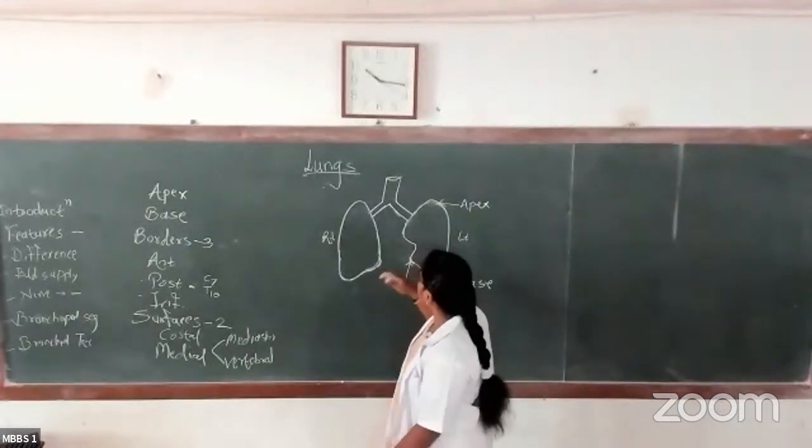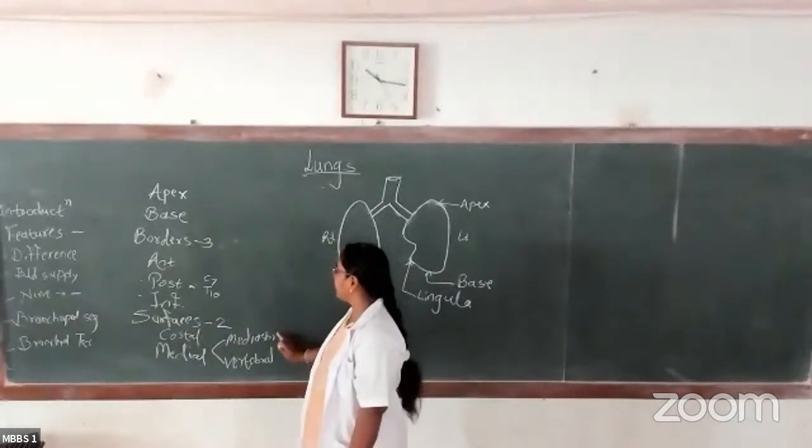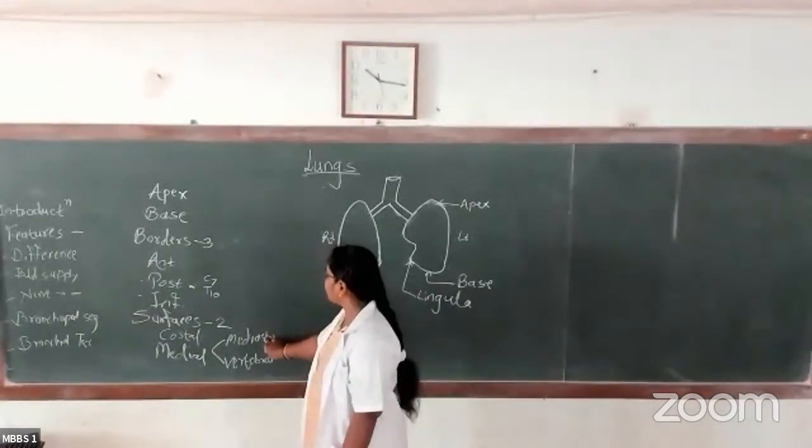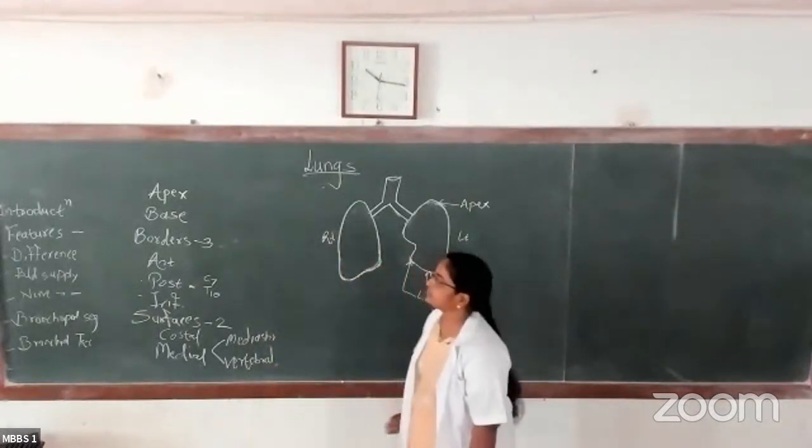Now it has medial surface. The medial surface is again divided into mediastinal part and posterior, that is vertebral part.